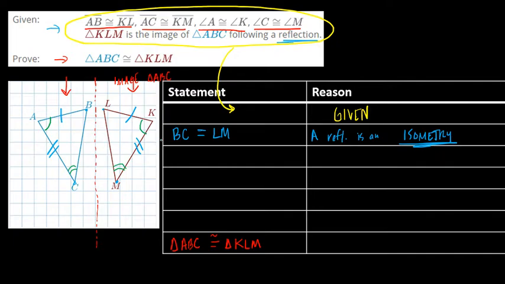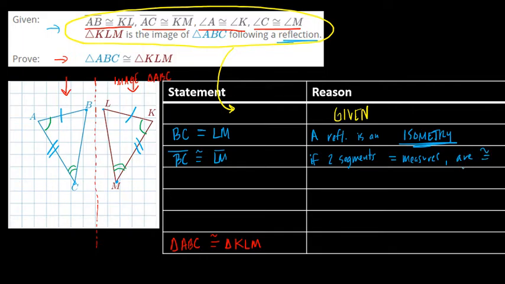Now, from here, I can piggyback off of this and say that line segment BC is congruent to line segment LM. I'm able to say this because if two segments have equal measures, then they are congruent.